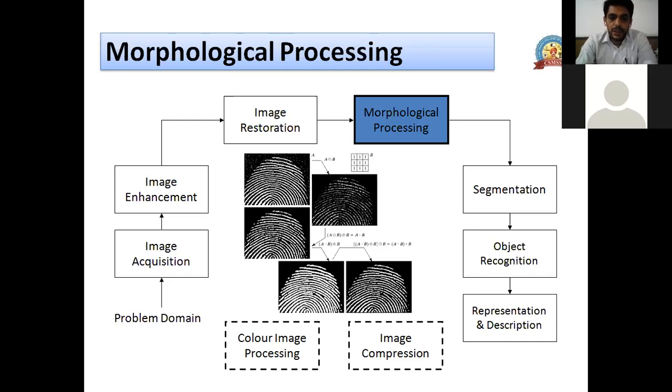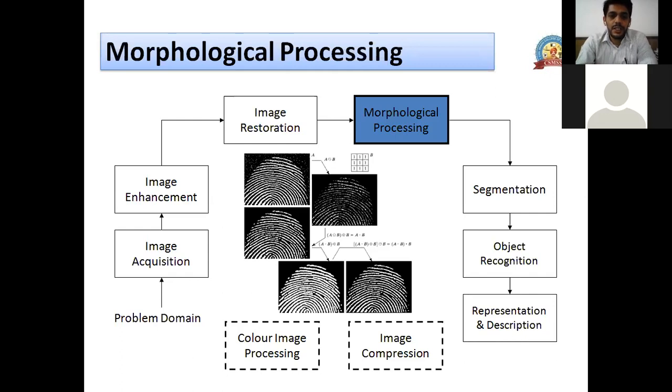These are called biometric image processing because these images are biometric, let it be fingerprint or even our retina scan. Retina scan or eye scan comes under biometric, and there are others also, like face detection. All those come under biometric. So we require morphological operations. Of course, in this subject, we will also go through morphological operations.